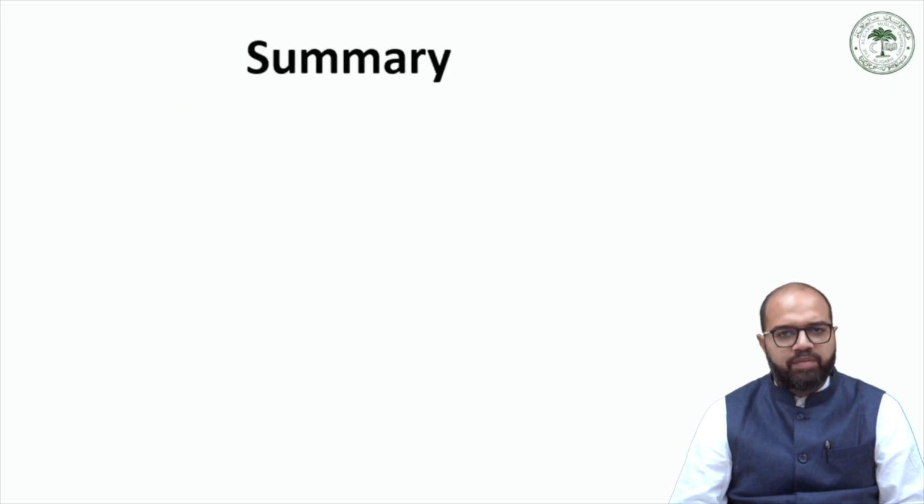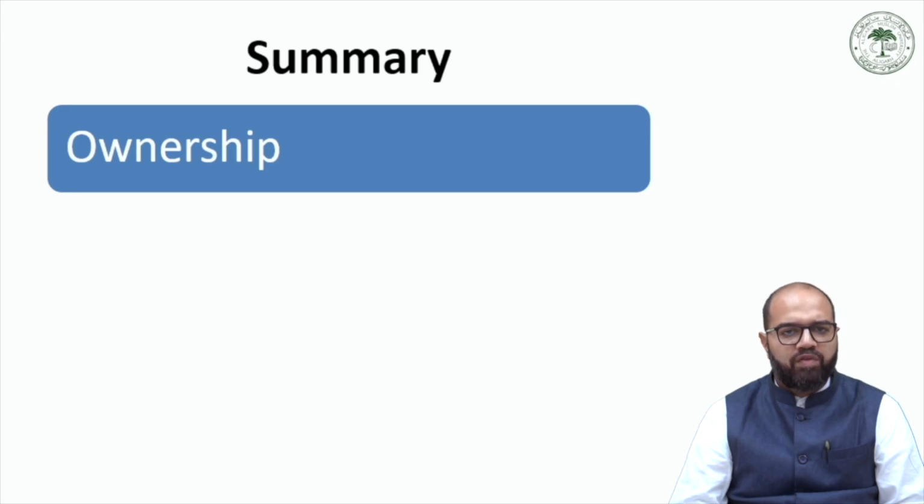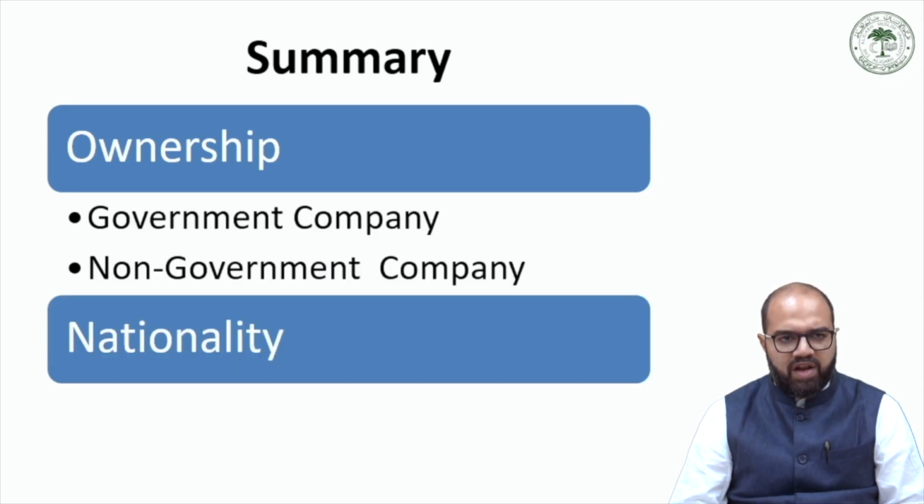With this, we come to the end of this lecture, classifying companies under the two heads of ownership and nationality. So under ownership, we have discussed a government company and a non-government company. What differentiates a government company and a non-government company?